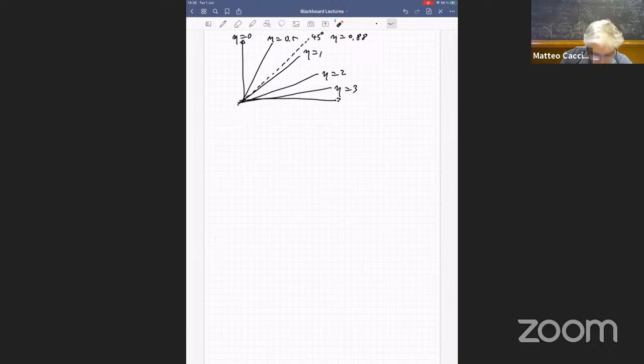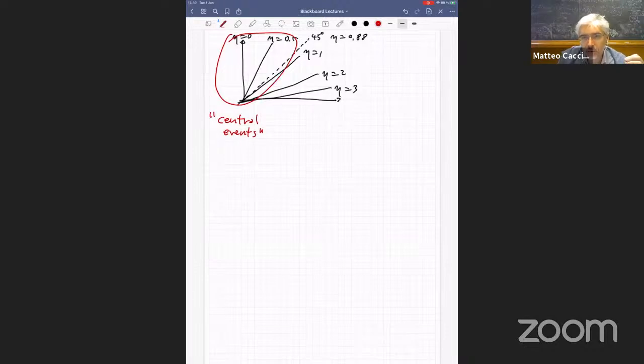So you will typically have events that happen around small values of eta are called central. Small values of eta, or also small values of y, when the mass of the particle is sufficiently small with respect to its momentum that you can consider eta and y fairly close.